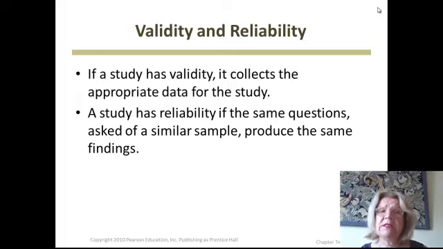Validity means that a study actually collects the kind of information that is appropriate for the study, that the answers are relevant for the study goals and objectives. Reliability means that the answers reflect the truth.